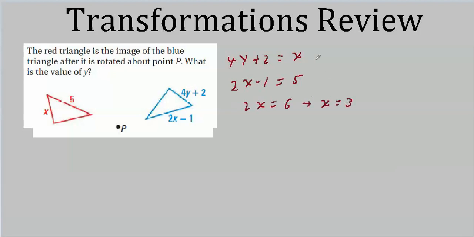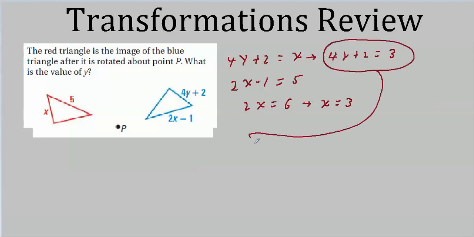If we put that in here, then we get 4y plus 2 equals 3. I need to redraw. I want to put it right here because it looks like it goes with this, and it doesn't.